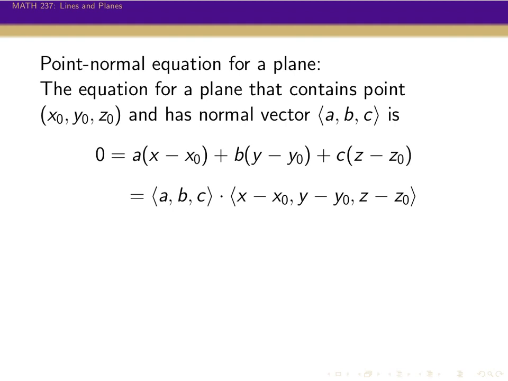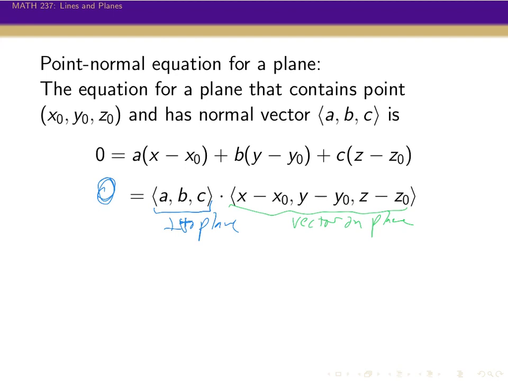And this is using the fact that x minus x naught, y minus y naught, z minus z naught, as we saw before, is a vector on the plane. ABC is perpendicular to the plane. And so they're perpendicular to each other, and if they're perpendicular to each other, the dot product is going to be 0.